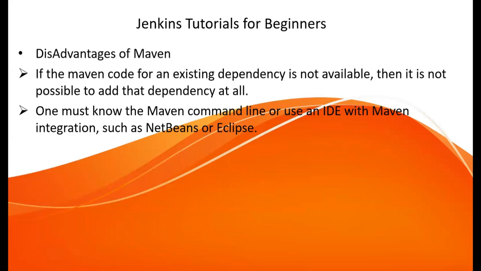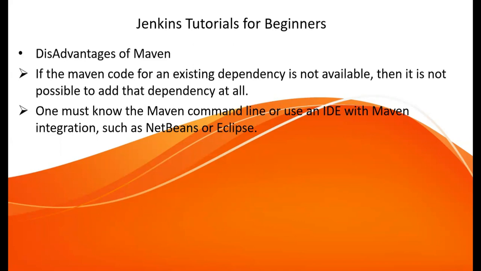Moving to the disadvantages of Maven, if the Maven code for an existing dependency is not available, then it is not possible to add the dependency at all. Say you built up a project, and while building it you did not set up the dependencies properly, or you forgot to set a dependency, then in future you can't add that dependency.